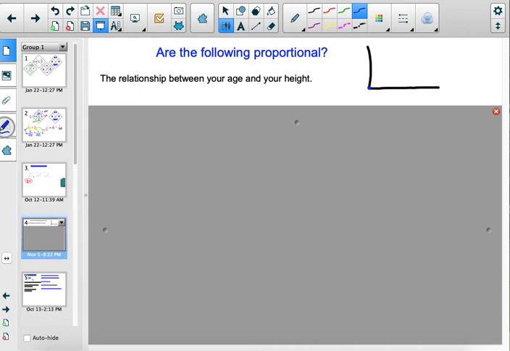And then you grow really fast, and then you start slowing down, and then you level out, and then old people shrink. They say. Is that true, or is that just your body compressing? But literally, is it going at a constant rate? No.